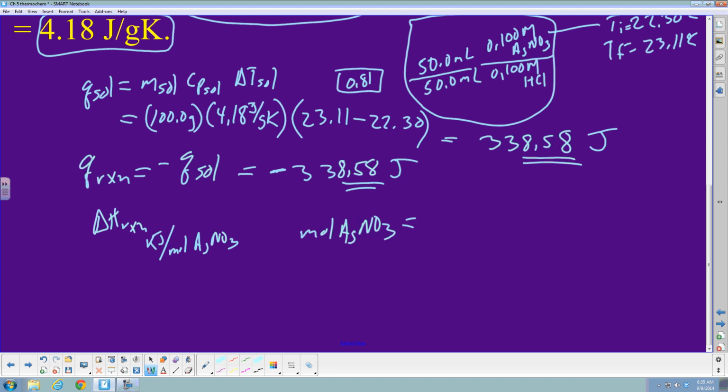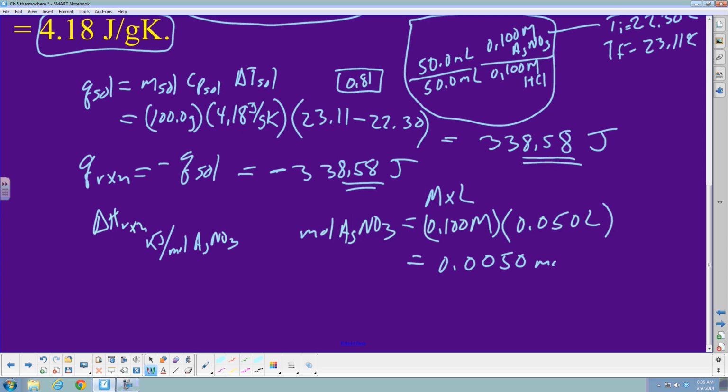So moles are equal to M times L, molarity times liters. Molarity 0.100 molar times 0.050 liters. Looks to me like I get a 0.0050 moles of silver nitrate.